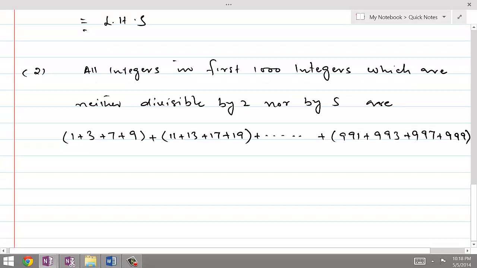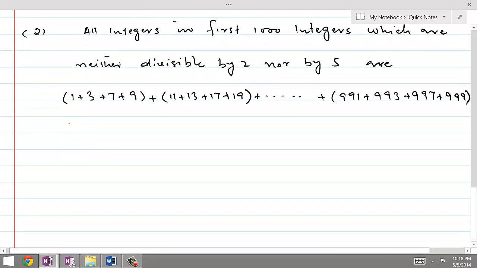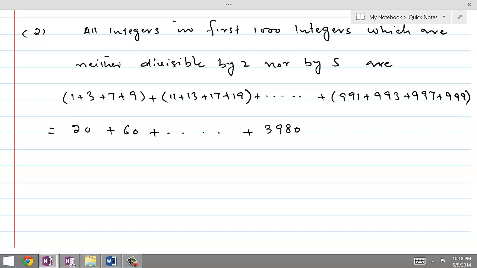These are the integers, and if we add them up in groups, this will become 20 plus 60 plus so on, and up to the last group this will become 3980. First we will find how many terms are in this arithmetic progression.